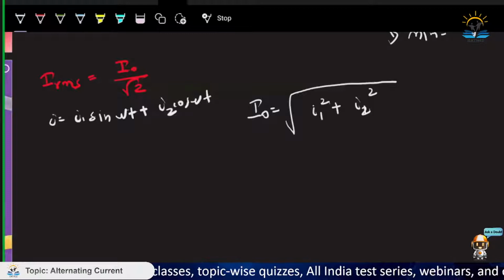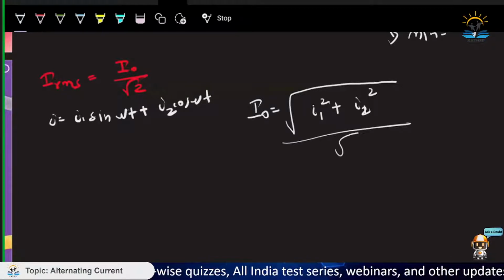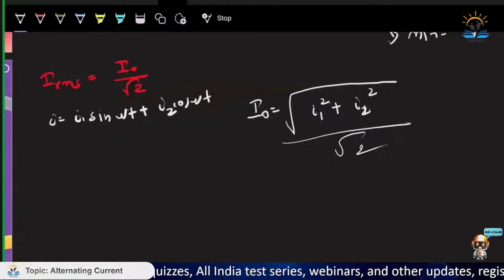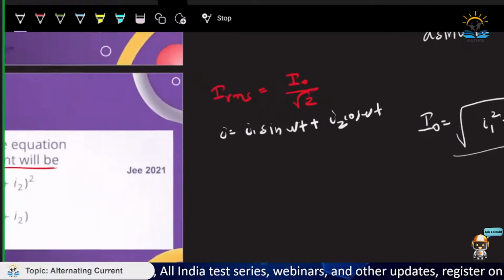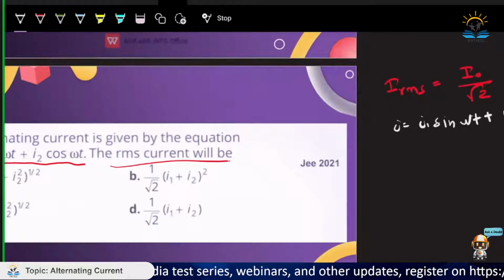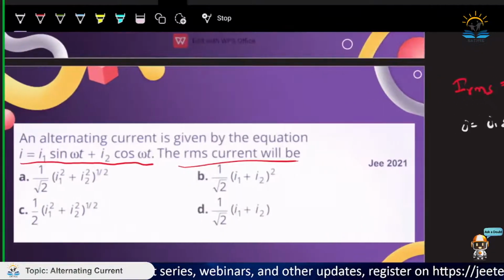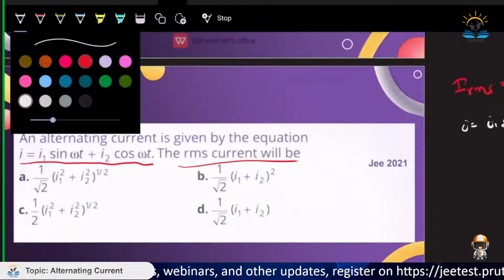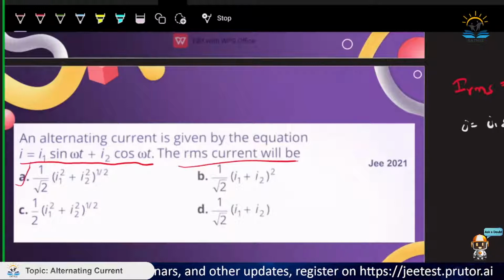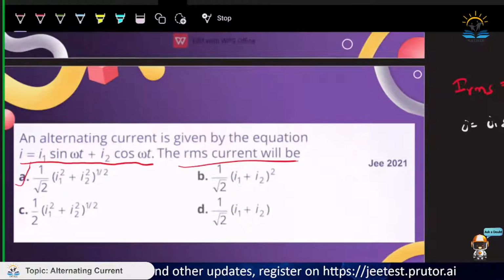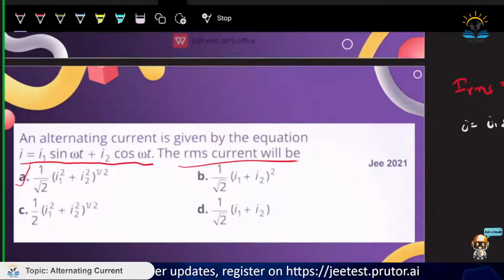So we got I0, the peak current. RMS will be this divided by root 2, or 1 by root 2 into root of I1 square plus I2 square. Option A seems to be the correct option: 1 by root 2 into I1 square plus I2 square all raised to 1 by 2.